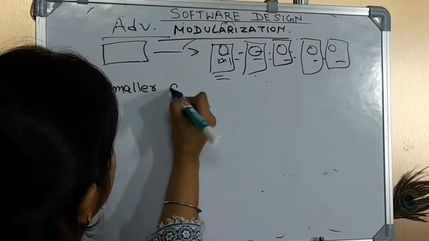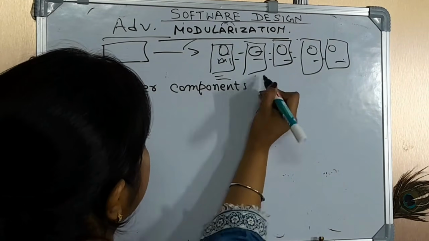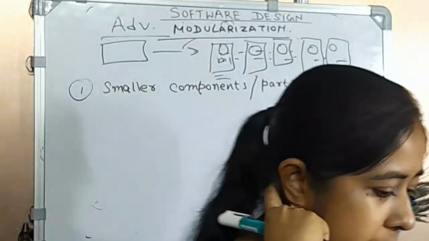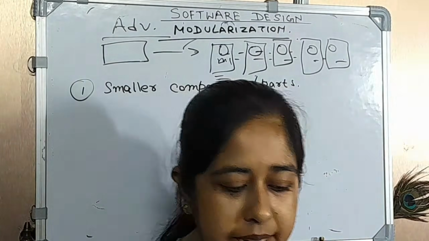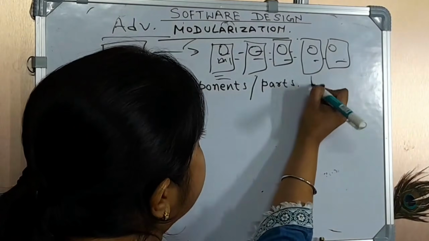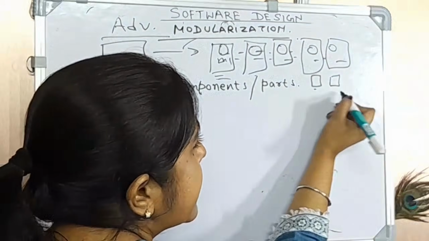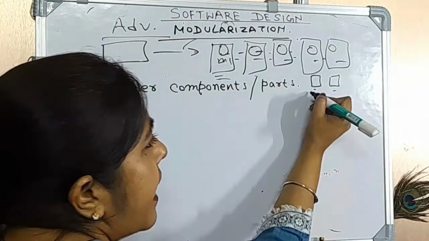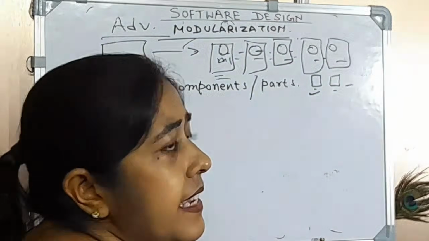When you are working with smaller components or smaller parts of your system, they are easy to maintain. Easier to maintain, how? If you take these small components, you can easily execute them. If you have any error or any kind of failure, you just correct that one particular module. You can easily maintain this.